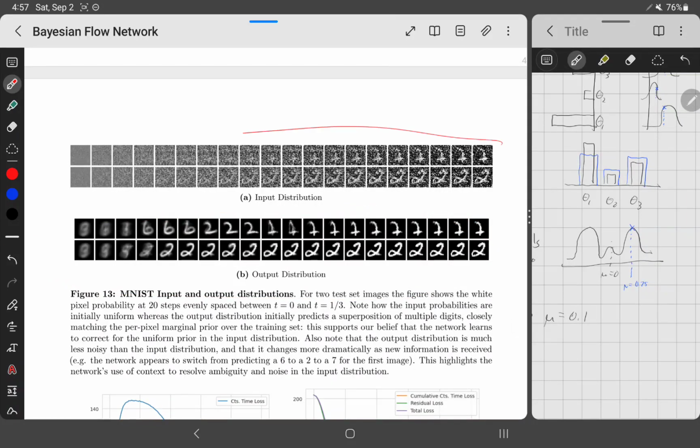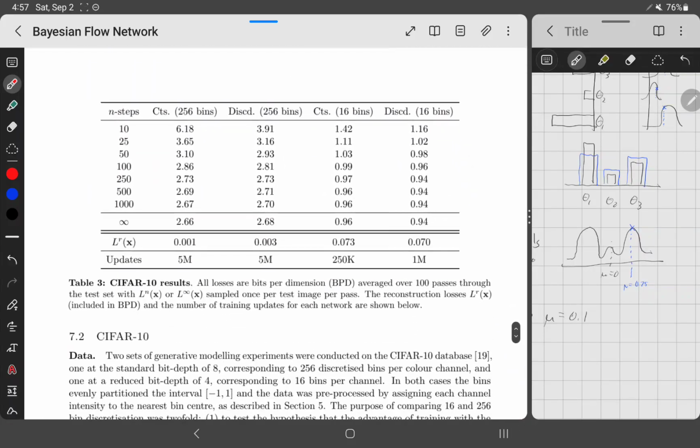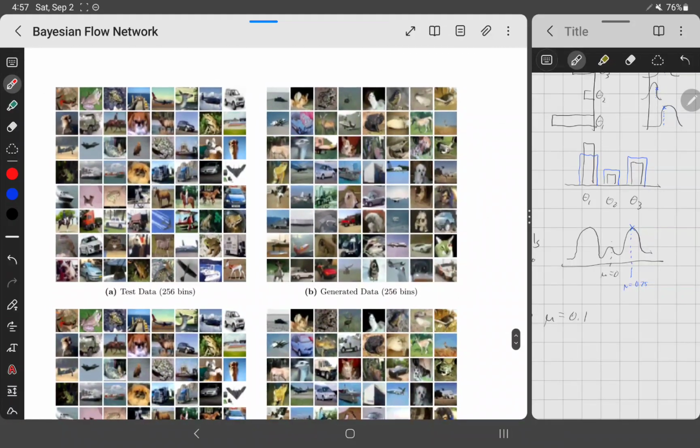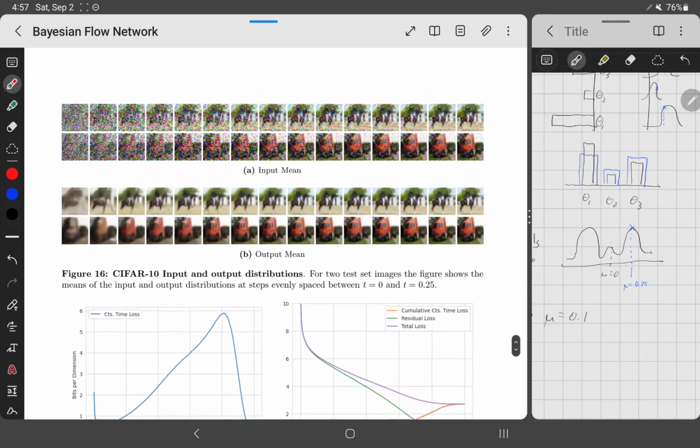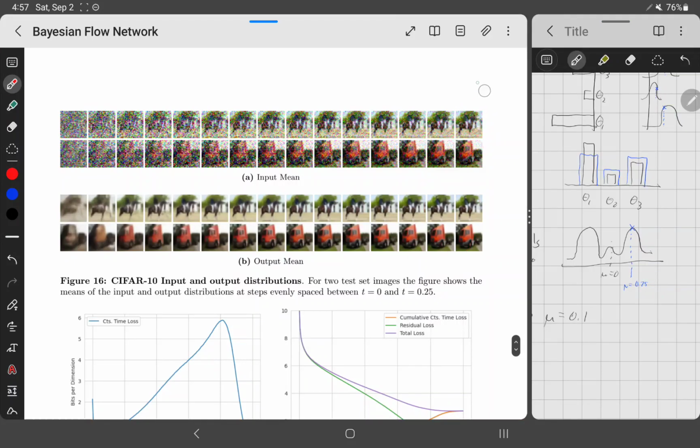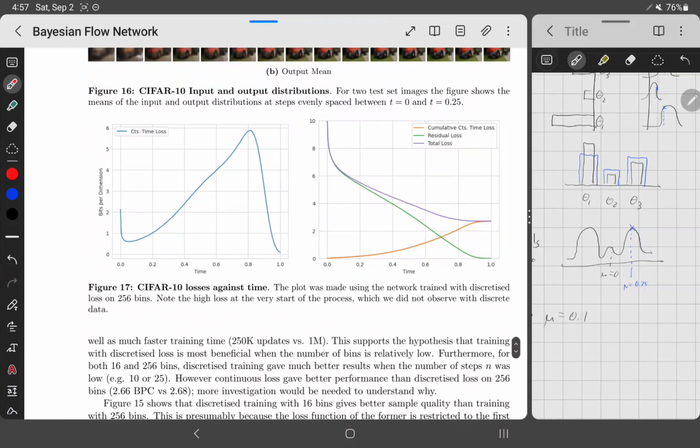The model takes in this input distribution, and then it predicts the output distribution. And it's interesting to see how it flows. Some more results. Here's CIFAR10 results. Looks like CIFAR10. This is the input to the model. This is the output of the model. Also interesting to see.